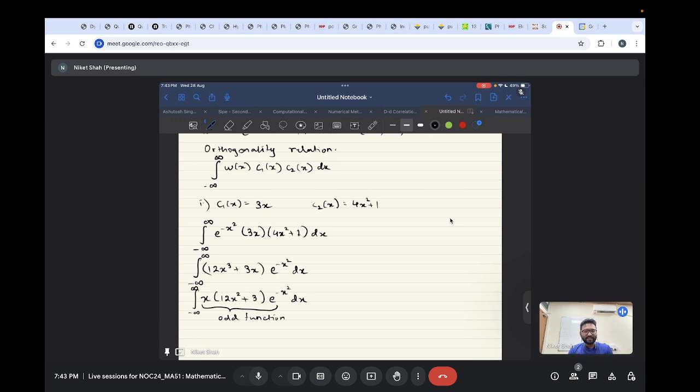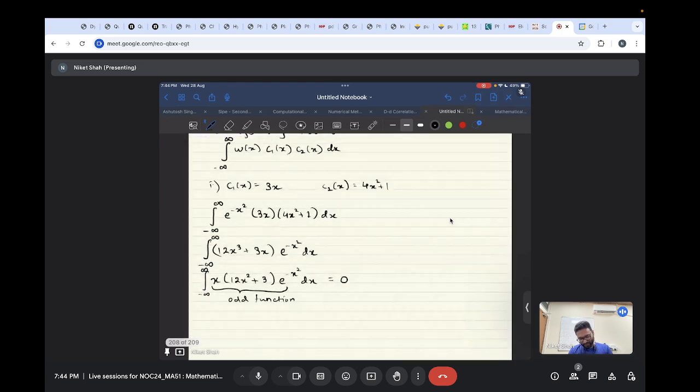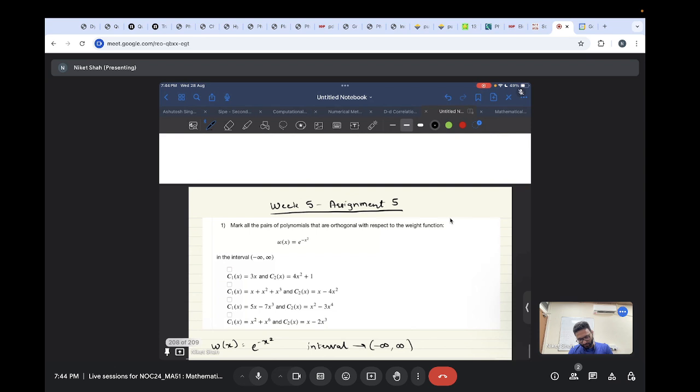Because e raised to power minus x square is an even function. 12x square plus 3 is also an even function, but x is an odd function. So an odd function multiplied by an even function gives you an odd function. And because the limit is going from minus infinity to infinity, we already know that this is going to give us 0. Hence, in the first option, C1 and C2 are orthogonal. Therefore, this one is correct.